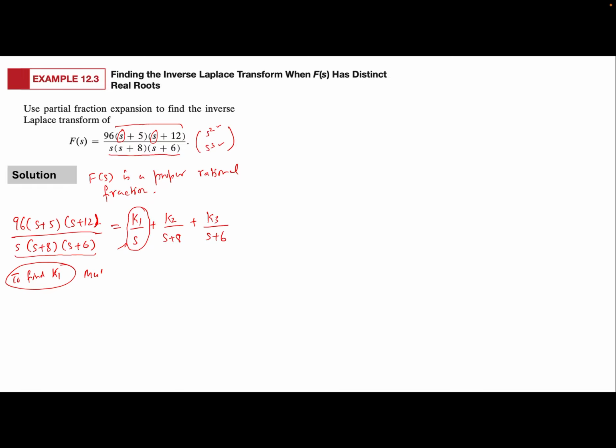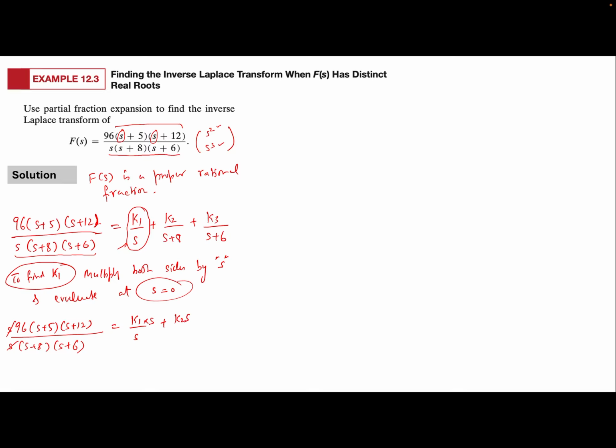we're going to find K1. To find K1, multiply both sides by s and evaluate at s equals 0. If I multiply the left hand side by s, I will be left with 96 (s+5)(s+12) over (s+8)(s+6), so this s will be cancelled out. On the right, K1 plus K2 s over s+8 plus K3 s over s+6.